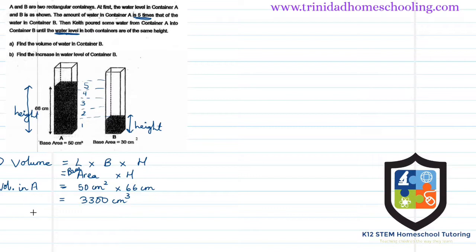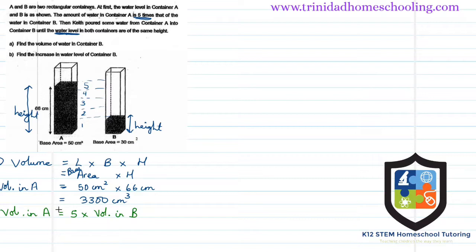Now they told us that this volume is 5 times what is in container B. So let's write that statement. The volume in A is 5 times the volume of water in container B. Let's put in the figures.